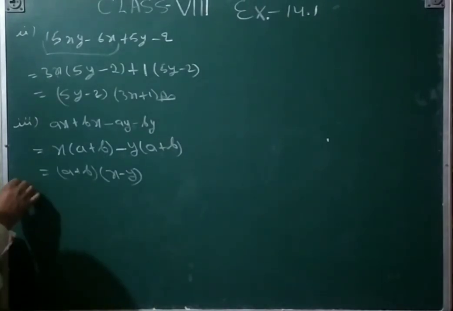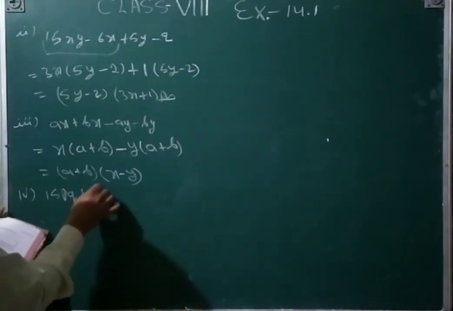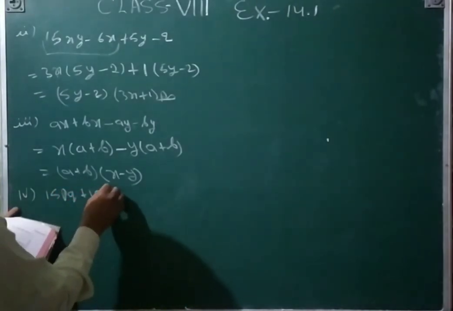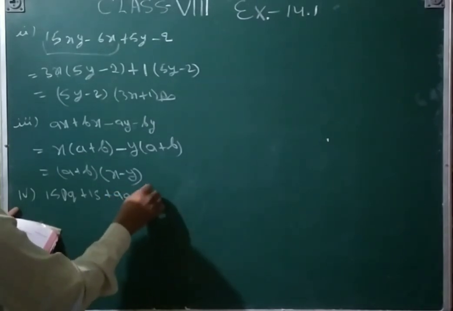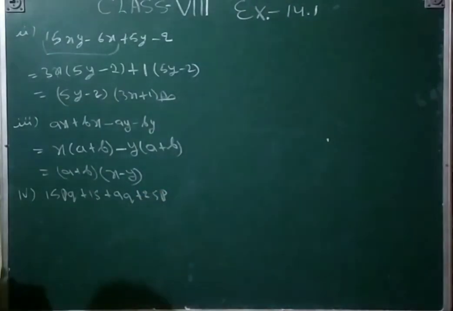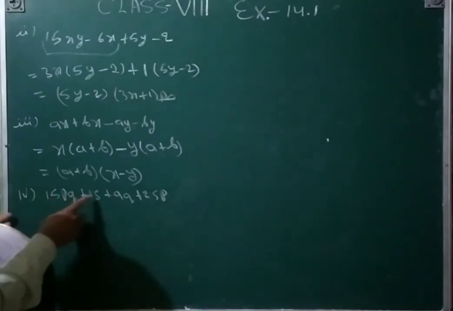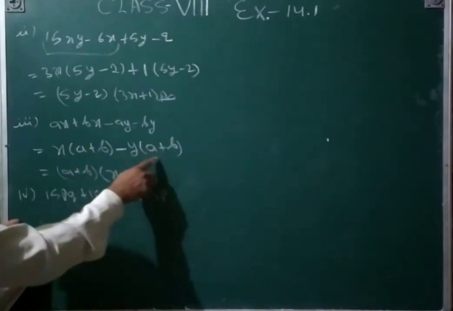Fourth question, fourth part: 15pq plus 15 plus 9q plus 25p. First of all here we will manage the things, because if we take 15 common, then here will be left pq, or here is not a pq, because we need to make these two brackets the same.